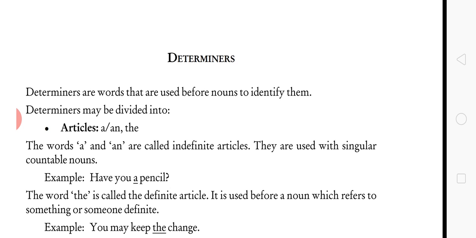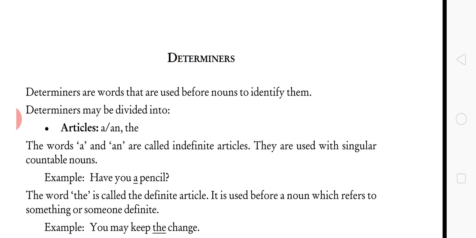First, I am going to tell you the use of a. We use the article a before a singular countable noun which begins with a consonant. Let's take examples: a chair, a picture, a dog, a pencil.